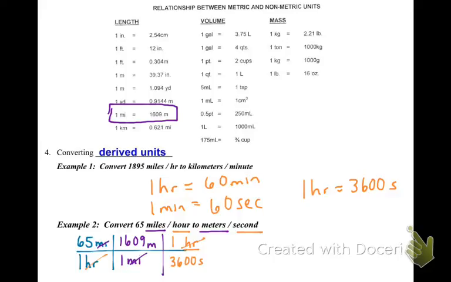So now if we look, our units are in fact meters per second. We're going to multiply straight across and then divide. So 65 times 1609 divided by 3,600. And we would get 29.05 meters per second. Okay, not too bad, pretty simple.